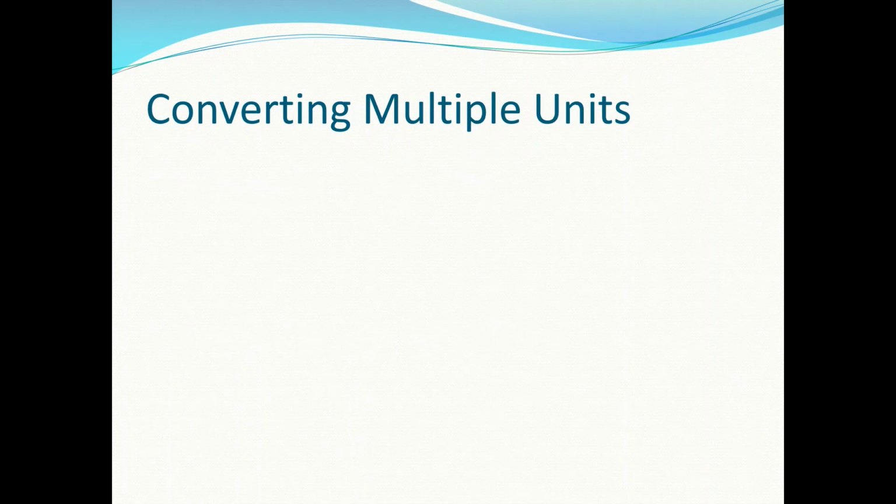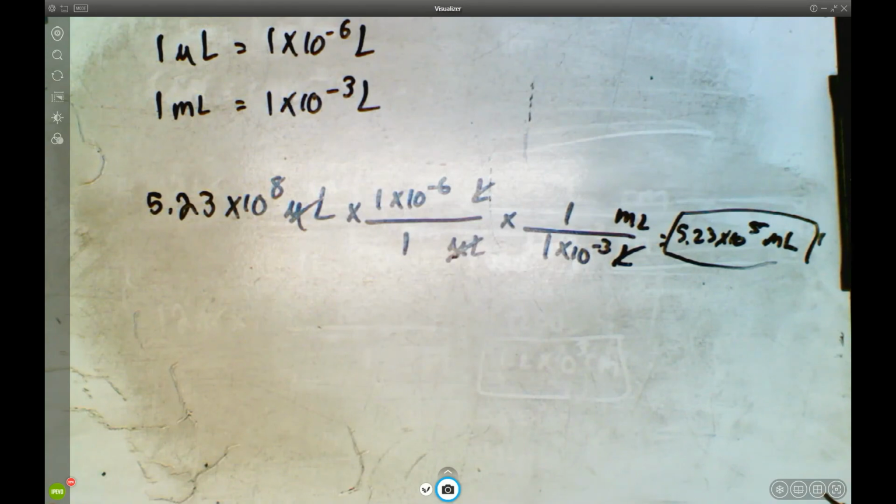Okay, so last thing we're going to do is convert between multiple units. These are things where you have kilometers and hours, which aren't exactly the same thing, and we have to convert that. So let's start off with this question. For doing this, you need a conversion factor for both.